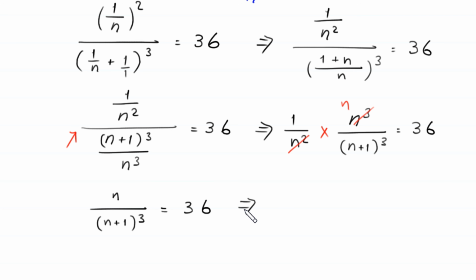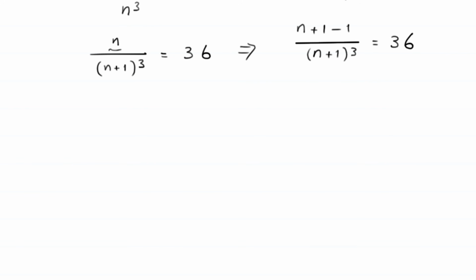Now this equation can be written as, we write this n as (n + 1) minus 1, divided by (n + 1) whole cubed is equal to 36. Now this expression at the left hand side can be written as (n + 1) divided by (n + 1)³ minus 1 over (n + 1)³ is equal to 36.